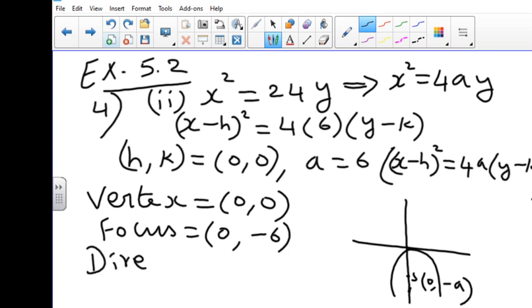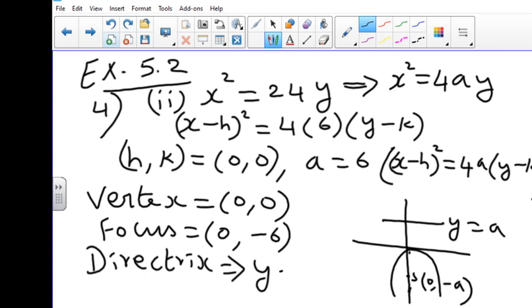The directrix we know will be the opposite of this. So this is the directrix and it is y is equal to a. So y is equal to 6 is the directrix, and the length of the latus rectum is equal to 4a.